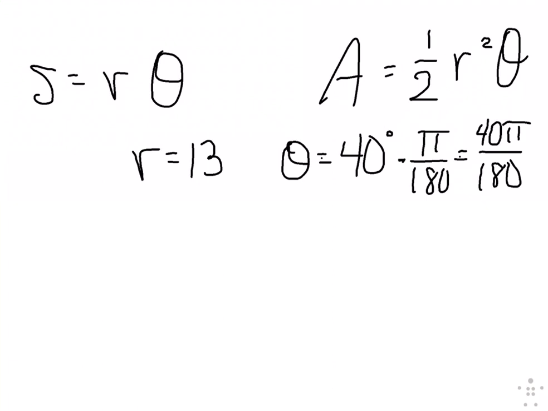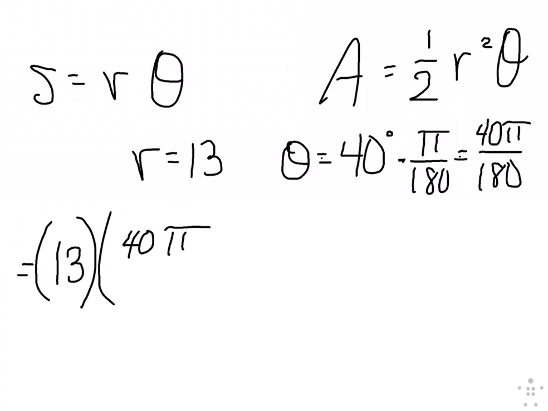No. Leave it as 40 pi over 180 because your calculator will handle it all for you anyway. The radius for the problem was 13. So to find the arc length, you take 13 and you times it by 40 pi over 180. Your calculator has a pi button. Do you know where it is? Yes, it's above the caret button.